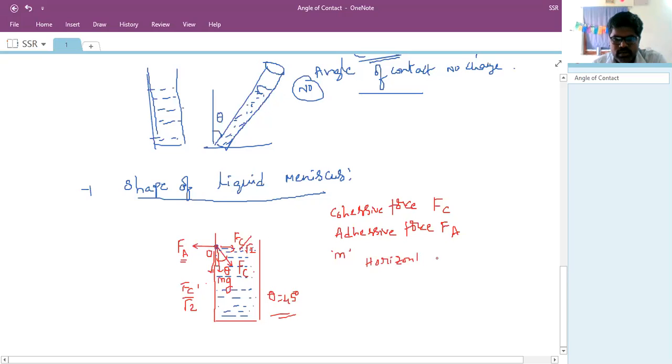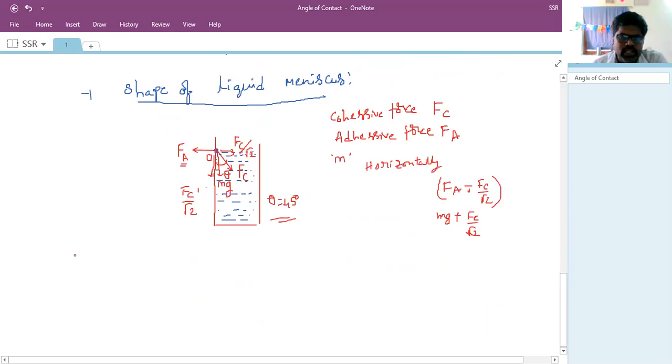Horizontally, the forces on the liquid molecule are Fa and Fc by root 2. Vertically, mg plus Fc by root 2, because both are in the same direction. The resultant horizontally can be Fa minus Fc by root 2 or Fc by root 2 minus Fa, depending on the value. For that you can take case studies.